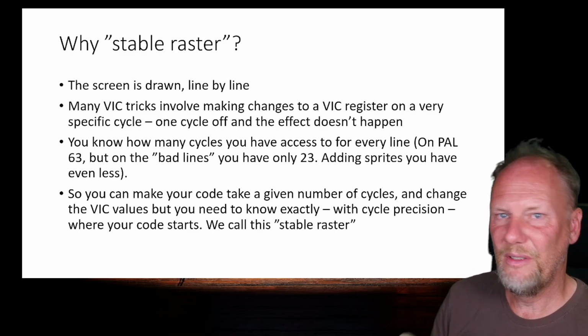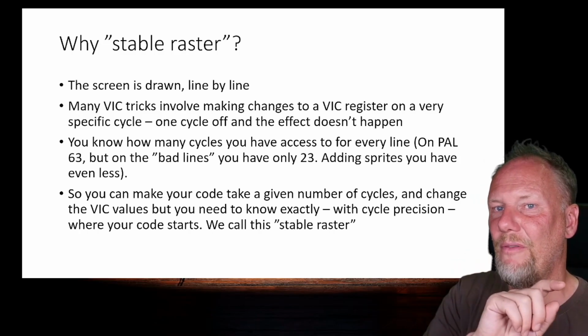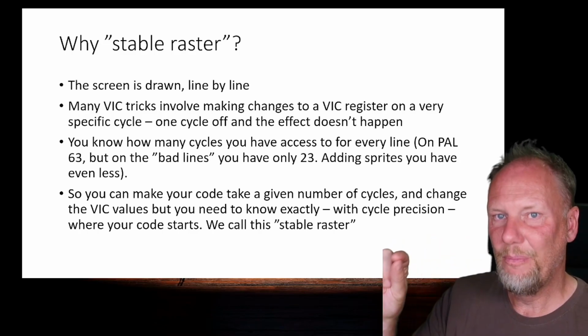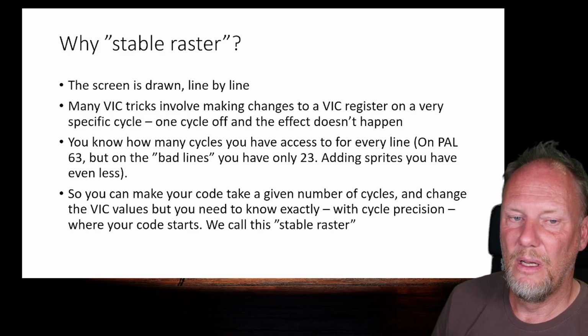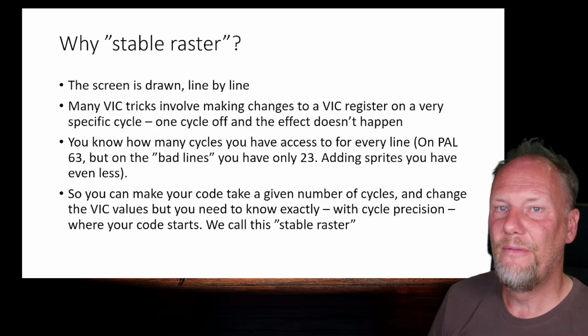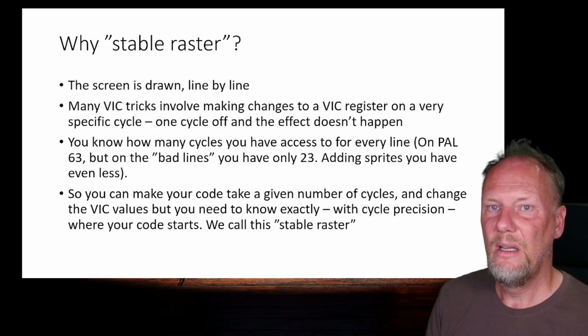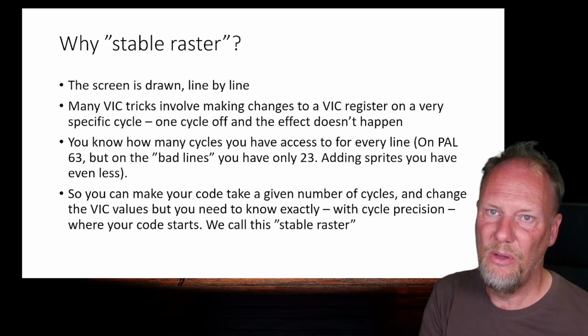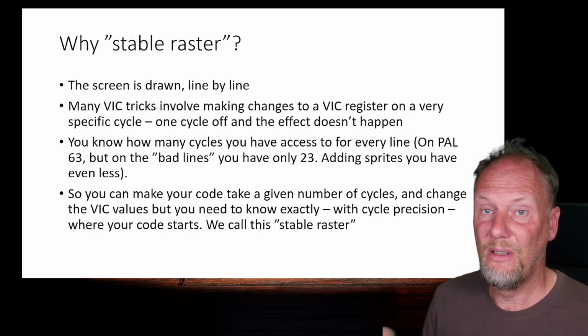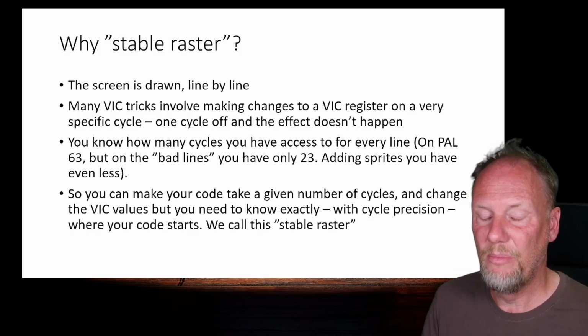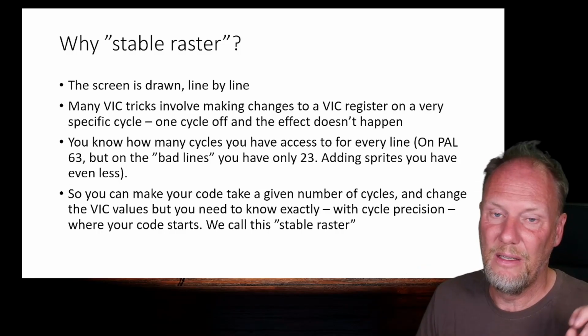And there is also this bad line. On every 8th row, the very first pixel row of a new character row, the VIC steps in and halts the CPU. The VIC is fetching its stuff, basically fetching the characters for what is supposed to be printed for the next eight lines.